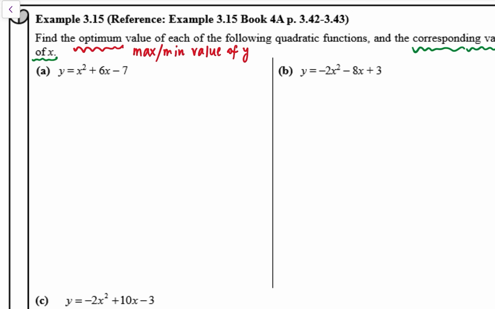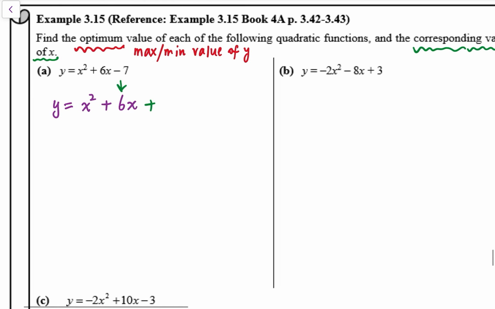So let's get started. We look at the first two terms and we focus on the coefficient of x, which is positive 6. So I'm going to add (6 over 2) squared minus (6 over 2) squared.